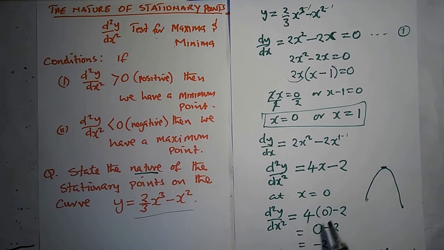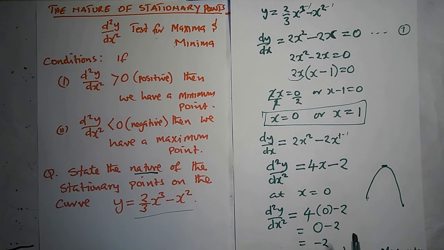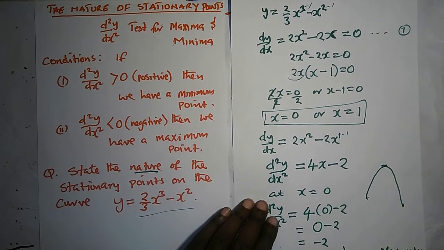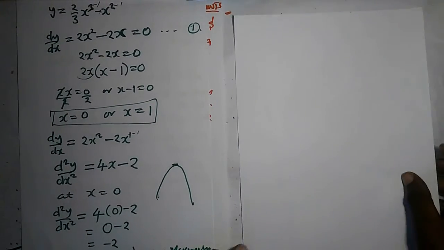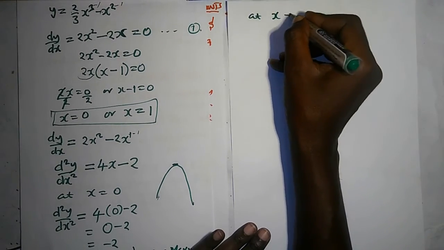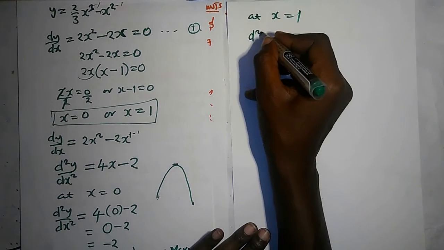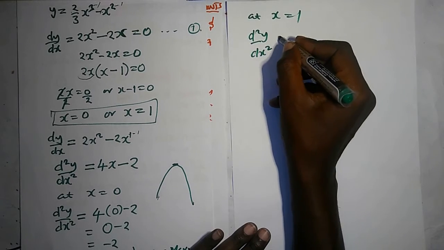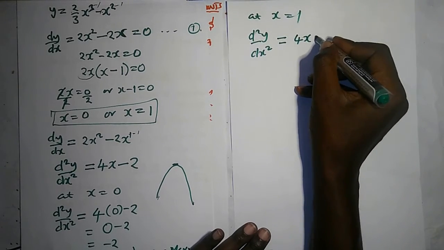Now we are going to test the point at x is equal to 1, so that we find what type of stationary point we have there. In most cases, when you have a maximum point at one point, the other one will be a minimum point. So let us test x is equal to 1. At x is equal to 1, d2y dx2 is 4x minus 2.